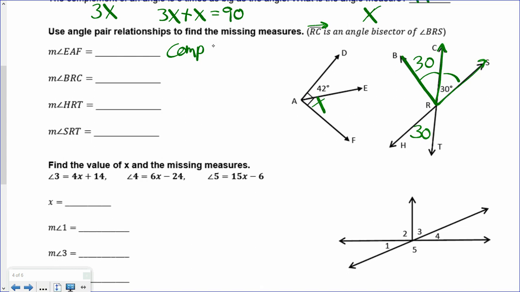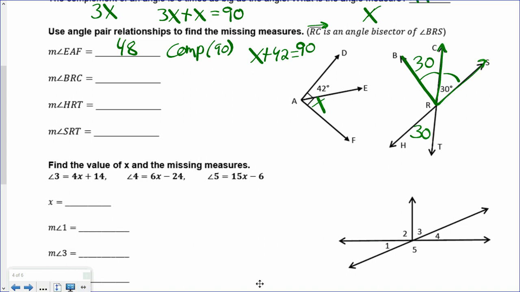They add up to 90. I'm just going to remind myself by writing that. So I know that the 42 and the x together should be 90, so I can write that as an equation. X plus 42 equals 90. To solve that, I would do what? Subtract 42. What am I left with? 48. Very good.